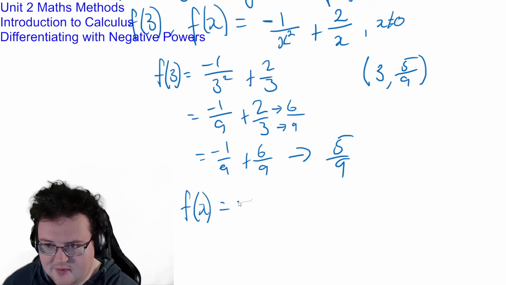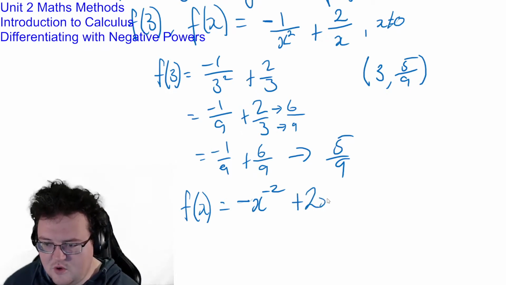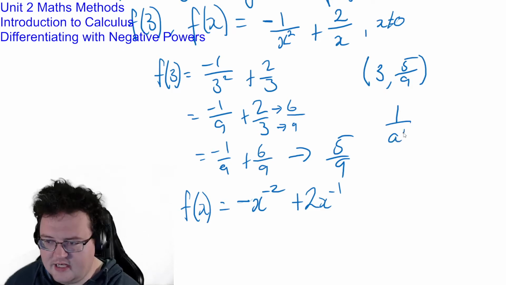So that's going to be negative x to the -2 plus 2x to the -1. So I've taken these, put them into the negative power form. Remember, 1 on a to the n is the same as a to the -n.